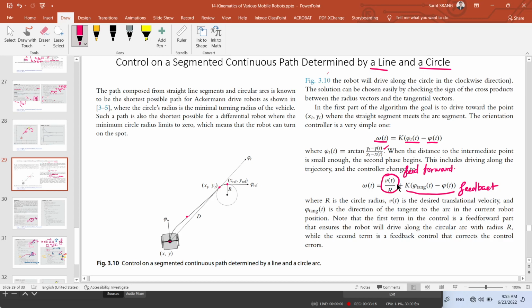So this is a feedback. Knowing the current value, we recalculate the value of the desired angular velocity. Okay, so it's in the loop over sample time.